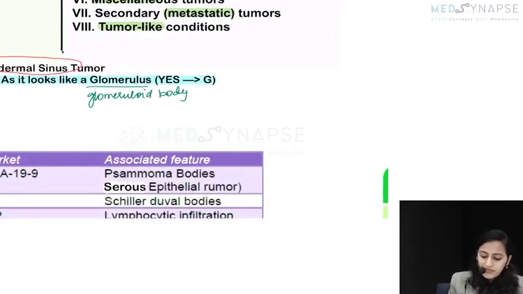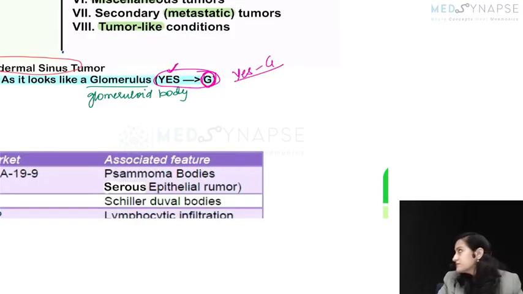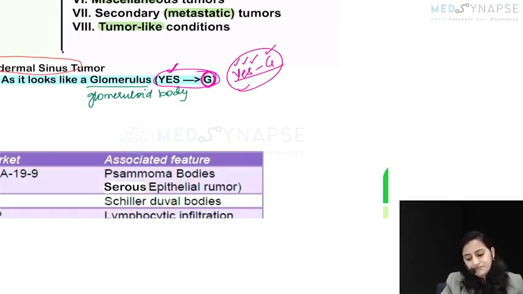So remember, it is Yes G. The mnemonic is Yes G. Right? If I call someone, they'll say yes in English and haan ji in Hindi. Yes G. Yolk sac is endodermal sinus, has Schiller-Duval, has glomeruloid. Yes G. It gives you all the four terms.